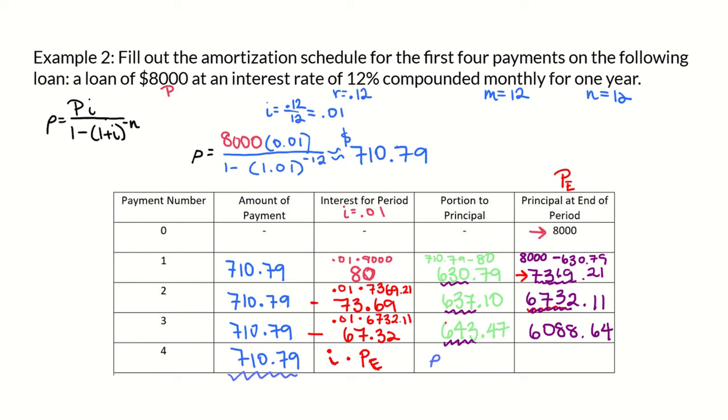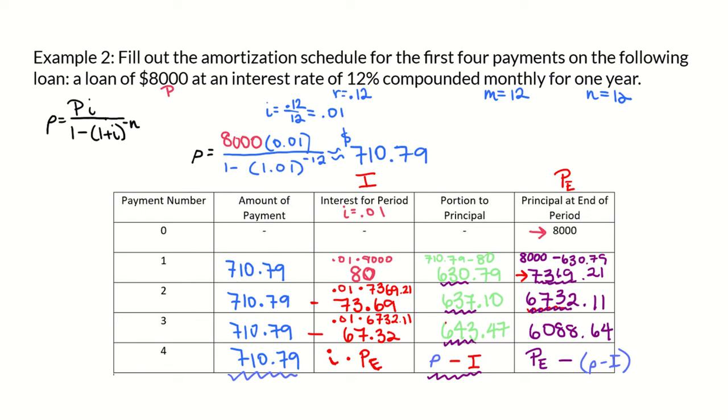And from that, we subtract the amount of interest, which I'll call capital I for interest. And then to get the principal at the end of the period, we use the principal from the row before, which we denoted PE, and we subtract this amount, the portion paid to the principal. And we would continue in this way for 12 payments until we get to 0.